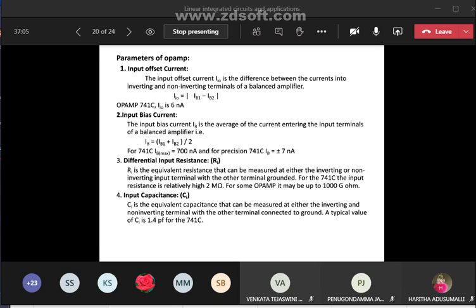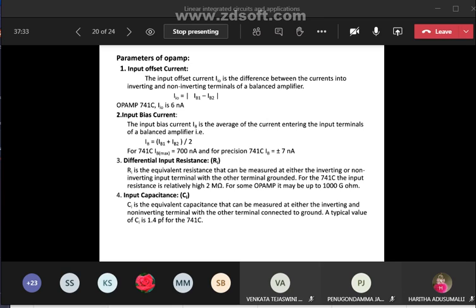Next, input resistance. RA is the equivalent resistance that can be measured at either the inverting or non-inverting input terminal with respect to ground, with the other terminal grounded. For the 741, the input resistance is high.